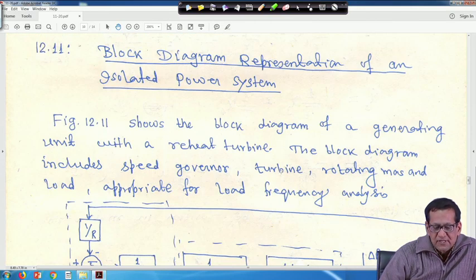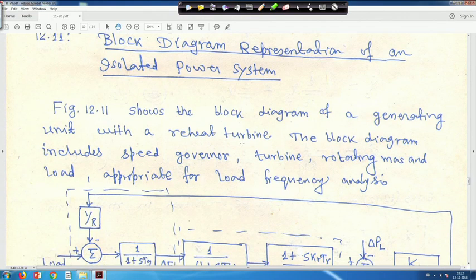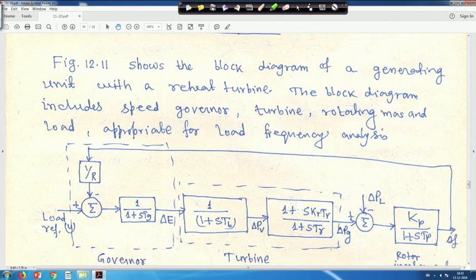So now, the block diagram representation of an isolated power system. Figure 11 shows the block diagram of a generating unit with a reheat turbine. The block diagram includes speed governor, turbine, rotating mass and load, appropriate for load frequency analysis.